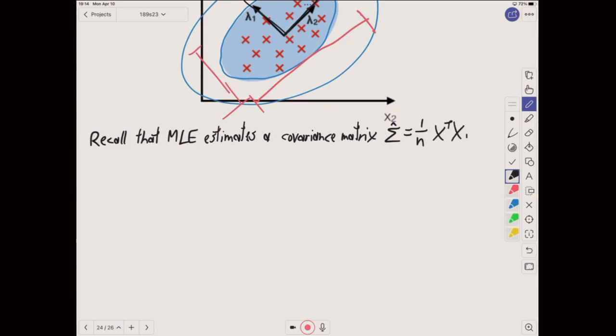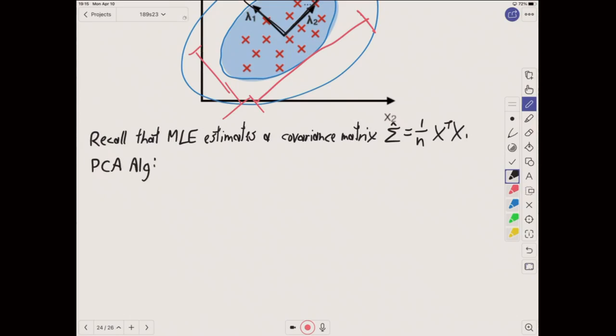So again, presuming X is centered, this is our covariance matrix. When we fit a Gaussian, that's our covariance. So before I go on to the other 2 derivations, I want to actually write out the algorithm now.